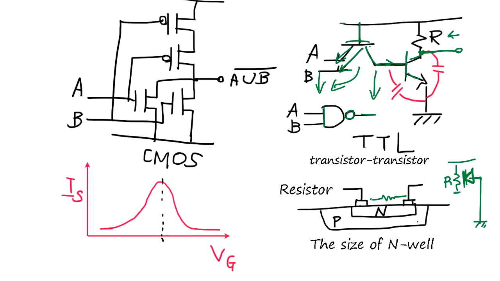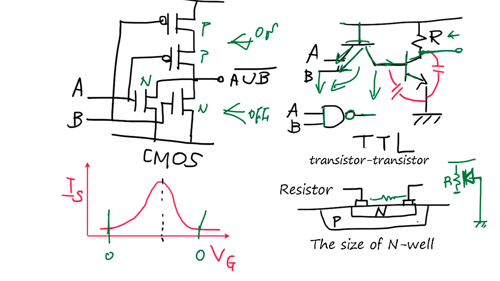In CMOS, you use PMOS and NMOS, so you can make the gate. Now what happens in CMOS is, when this side is on, this side is off. If this is on, then this side is off. So after switching the logic 0 and 1, on both sides, the current is 0.